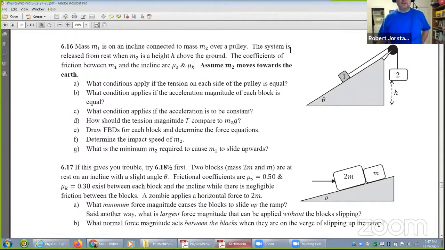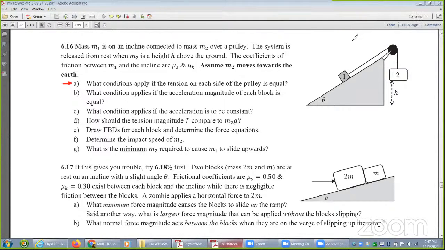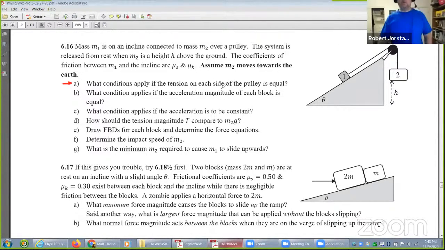All right, first question here. What conditions apply if the tension on each side of the pulley is equal? Remind me. Constant acceleration? Nope. Wait, I want the tension on each side of the pulley to be equal.